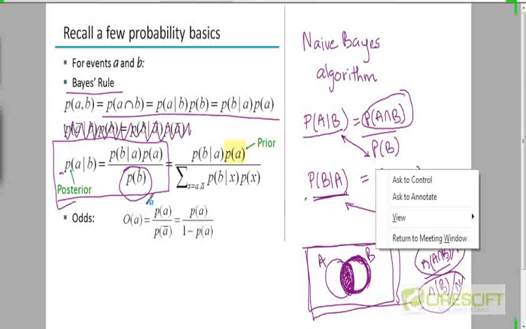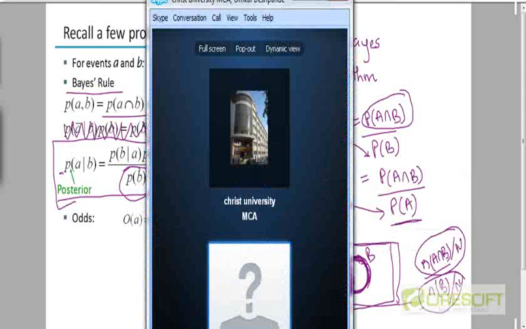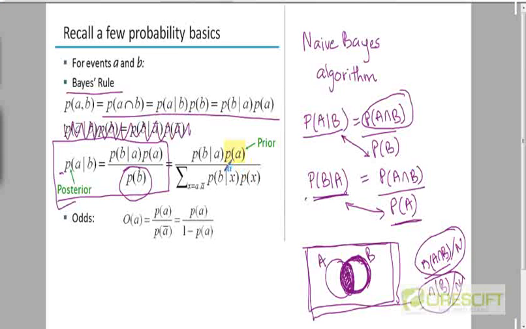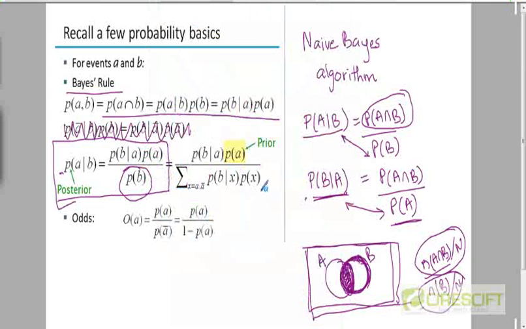It turns out that this denominator is not going to matter for this algorithm. So if you don't understand this, try to go back and look up Bayes' theorem. I'm not going to spend more time on this because it's not going to be so relevant to the algorithm.